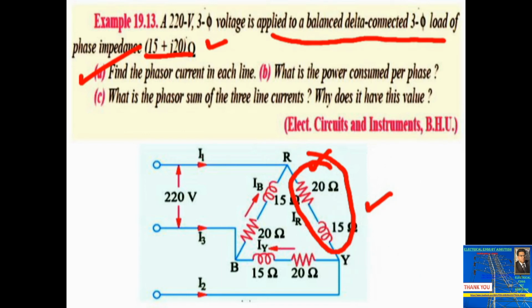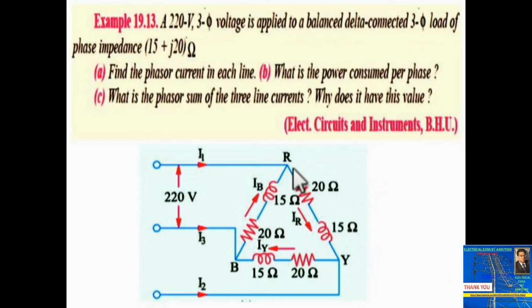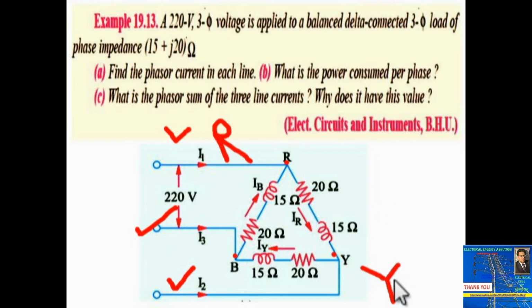Then this is the R point, Y point, B point. Here there will be IR, IY and IB. This is R phase, this is Y phase, and this is B phase. This will be the line current.